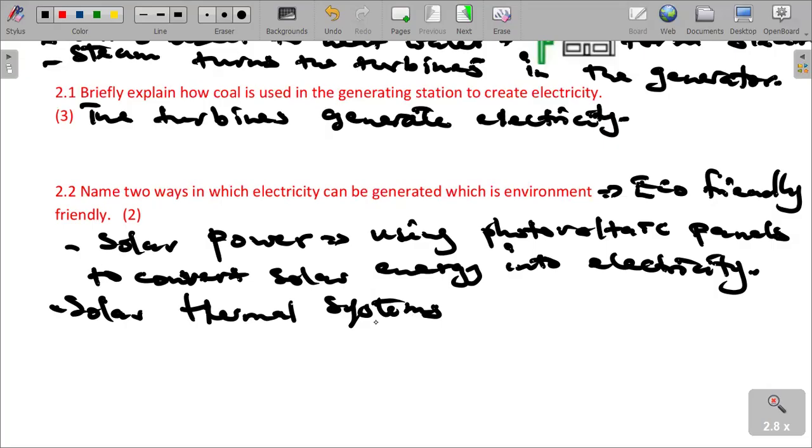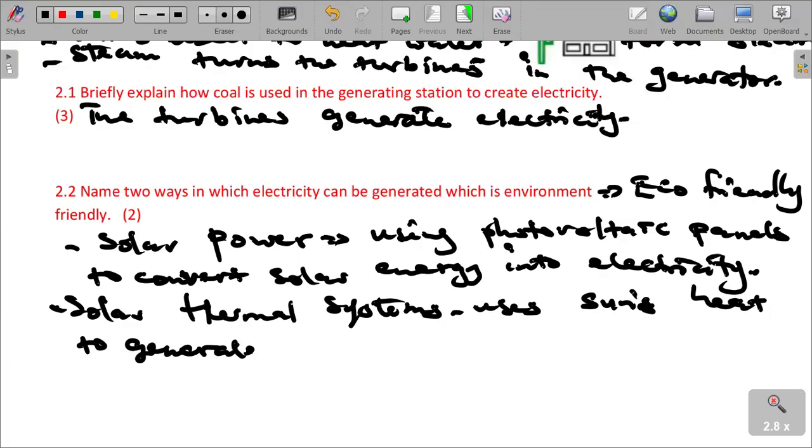What it does is that it uses the sun's heat to generate steam.